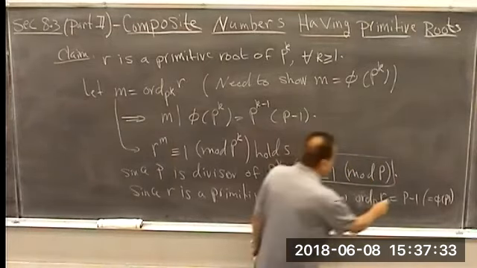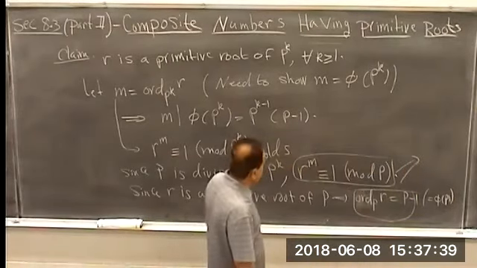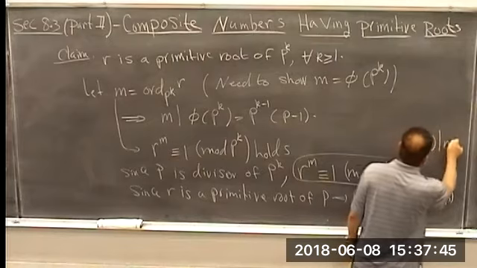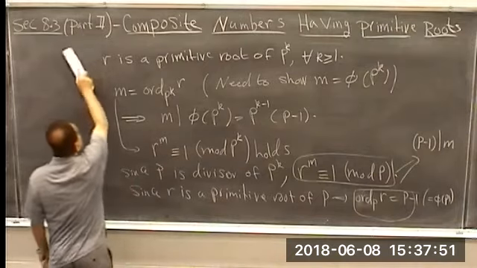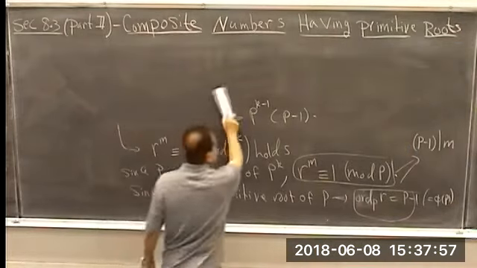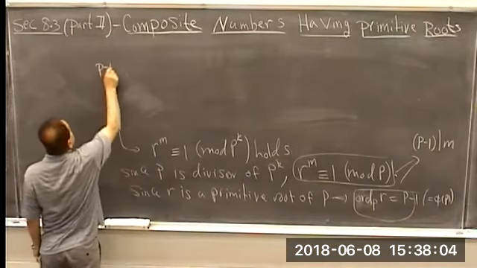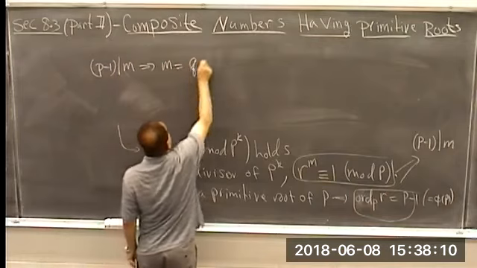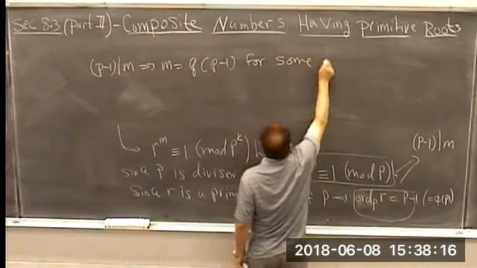Both of these imply that p minus 1, which is the order, is going to divide M. And that in itself implies that M, so this relation p minus 1 divides M, implies M equals q times p minus 1 for some q.